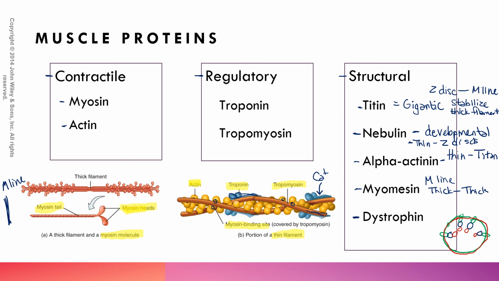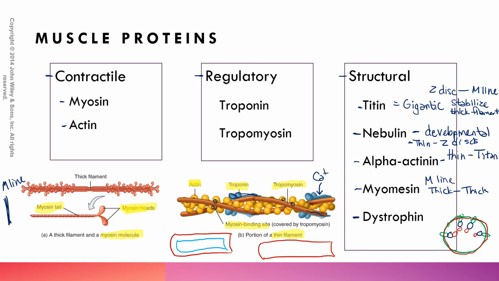So if we look at it like this, we have, for example, a muscle cell here. And this is going to be the sarcolemma. And here's going to be another. So we have two individual muscle fibers here, and on the one on the left, just for simplicity's sake, we have one sarcomere.